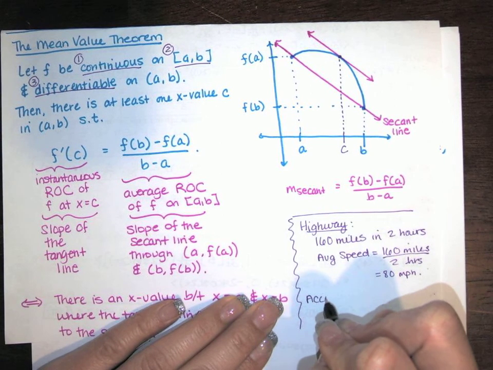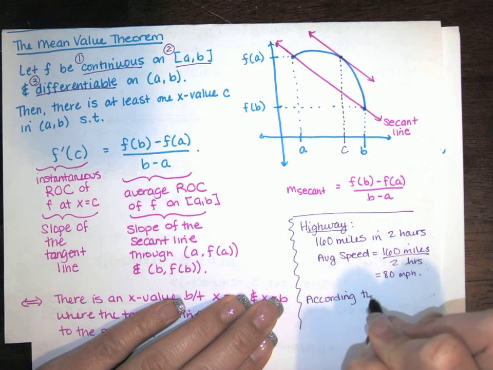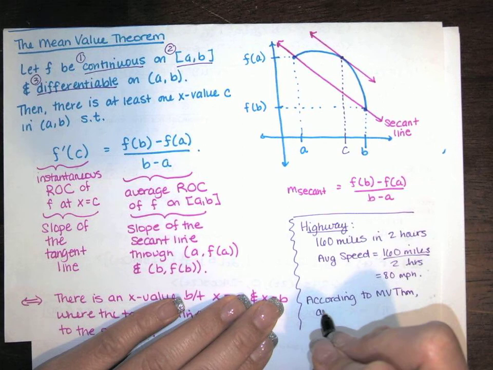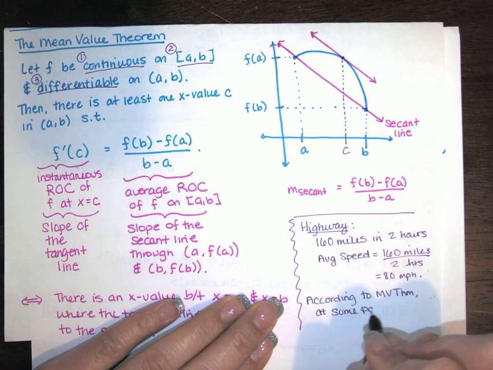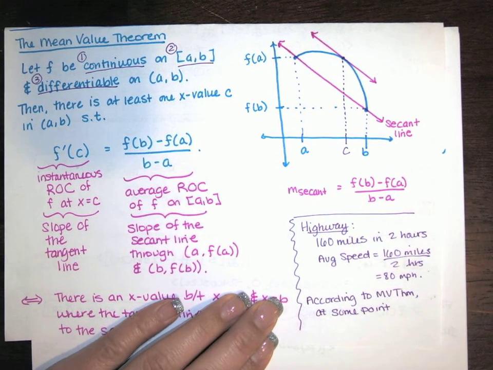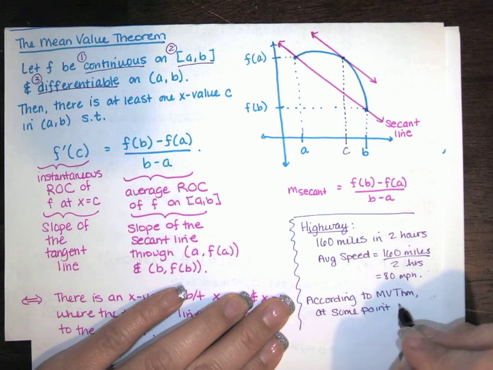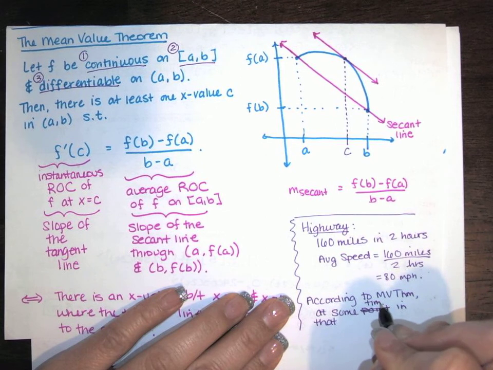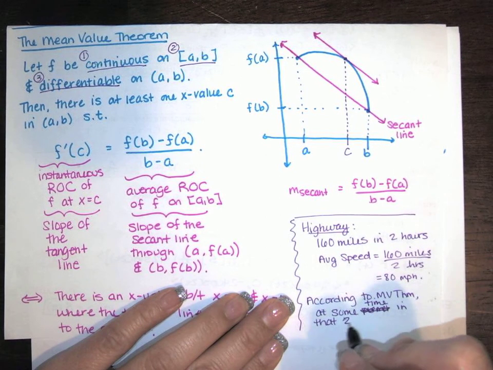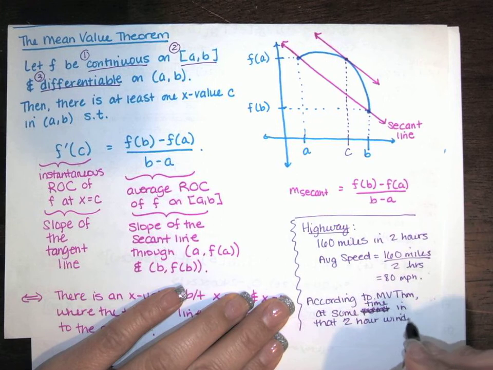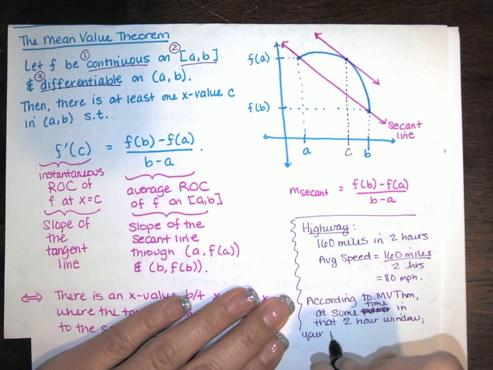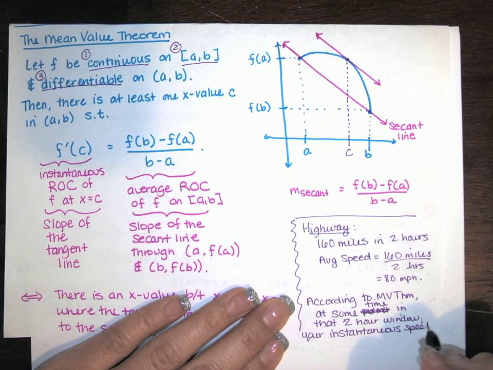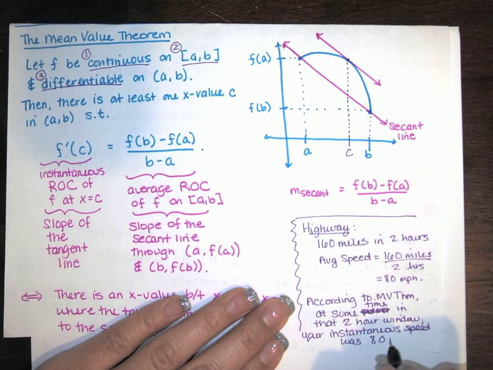According to the mean value theorem, at some point, and possibly multiple points, in that 2-hour window, I guess we shouldn't say point, let's say some time in that 2-hour window, your instantaneous rate of change, or your instantaneous speed, was 80 miles per hour.